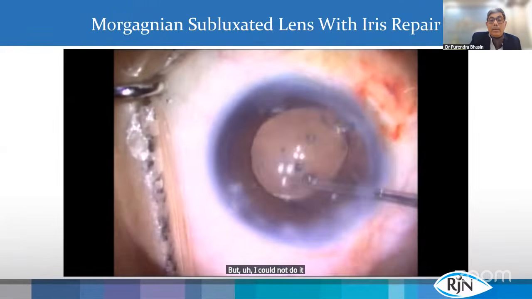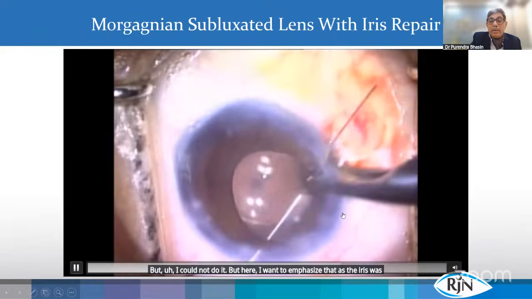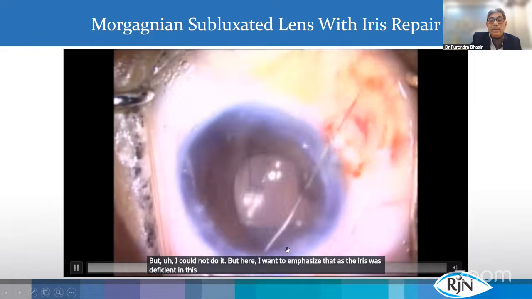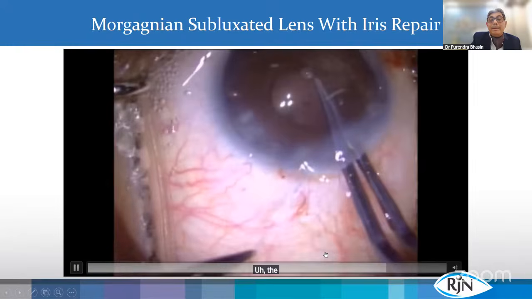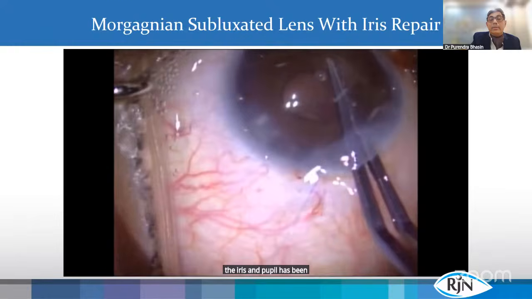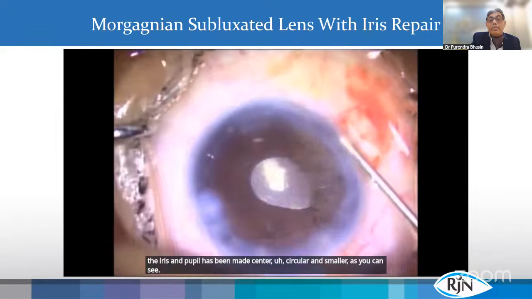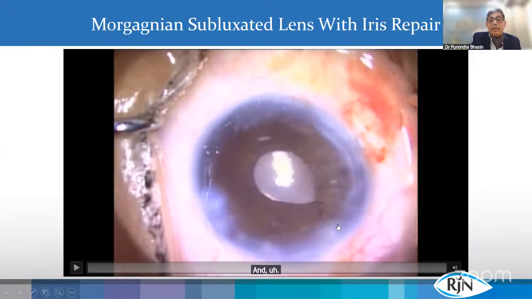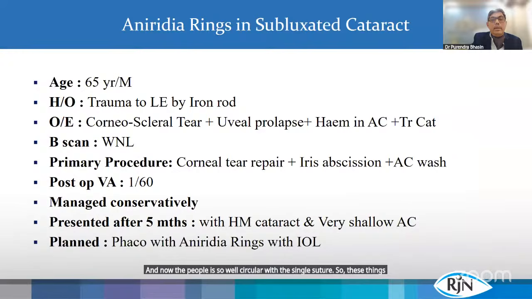But here I want to emphasize that as the iris was deficient in this region, we repaired the iris, and the pupil has been made central, circular and smaller, as you can see, and this part is covered by the upper lid. Now the pupil is so well circular with the single suture. So these things should also be done.